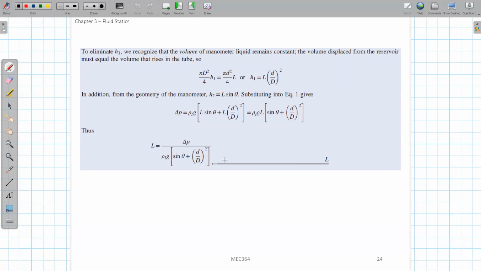For the inclined manometer, you will have three additional important parameters. One is theta, the angle of inclination, which will affect it, and also the diameter ratio between the tube and the tank. It also will affect your result.